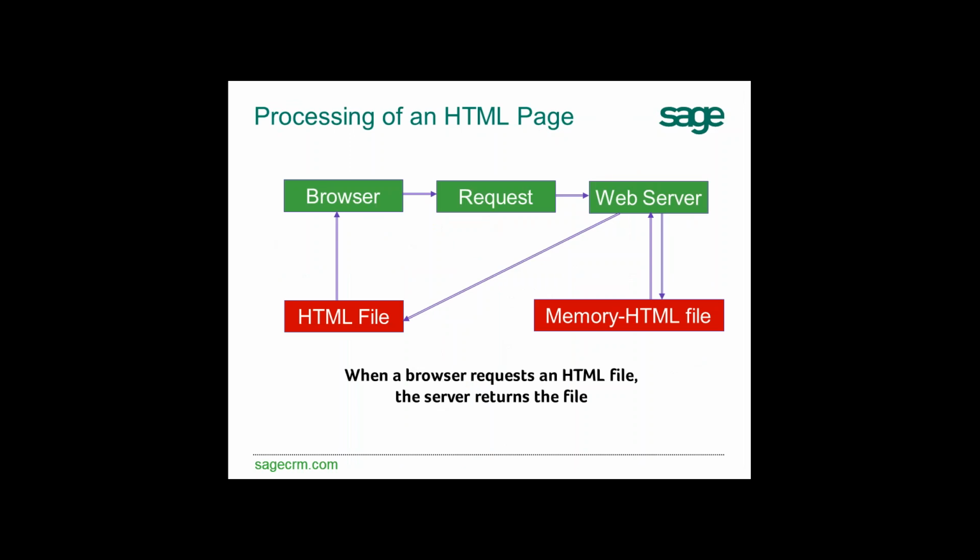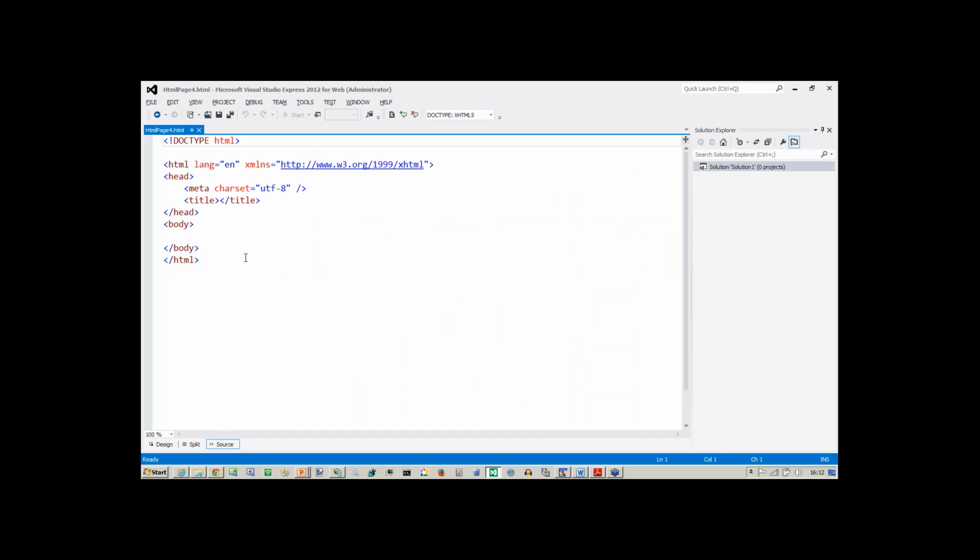We're going to create now a simple file just to go through the process of looking at the definition of a resource. So I'm going to bounce across into my development environment. You can see here I'm using Visual Studio.